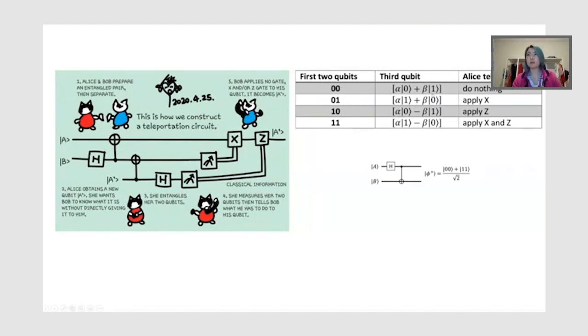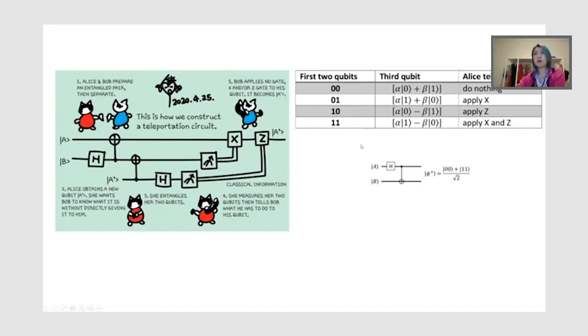If the first 2 qubits are 0 and 1, the third qubit will be this one. Oh, I didn't mention that. Just say using this as Alice's new qubit. I will show you in detail how it works in a bit. So if Bob gets this state, then he has to apply the X gate in order to get to this state.